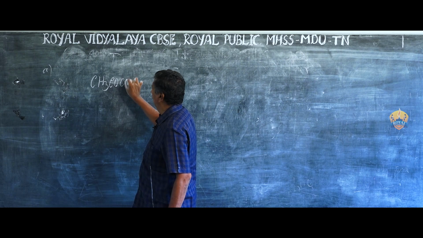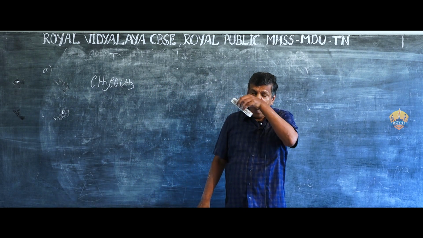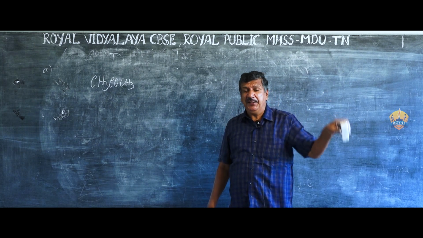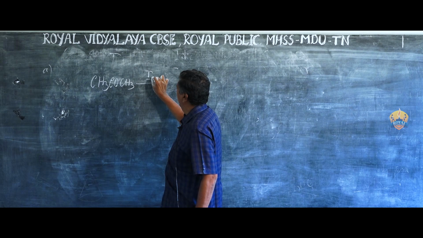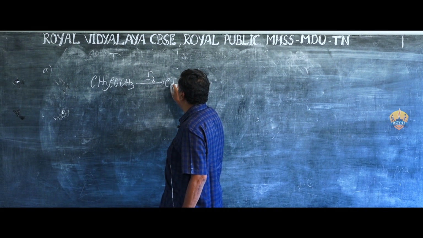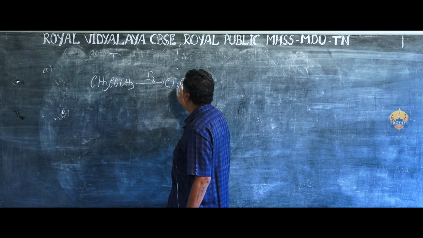You all know acetone answers the iodoform test, but you want to know the complete reaction. First, it reacts with iodine to form triiodoacetone like this.